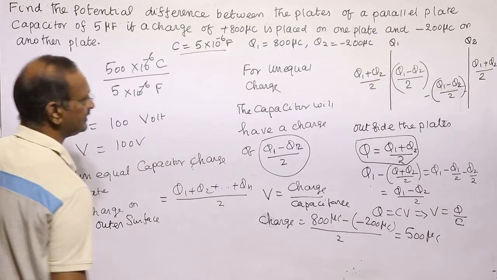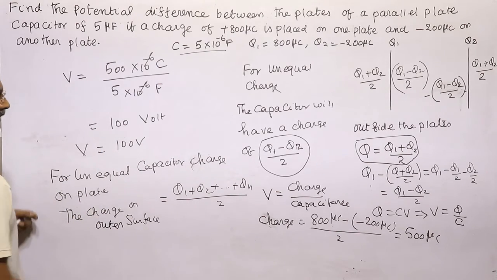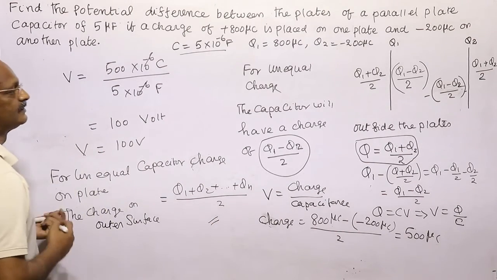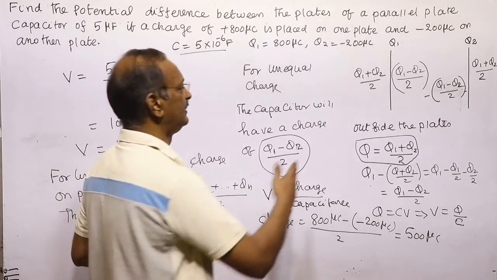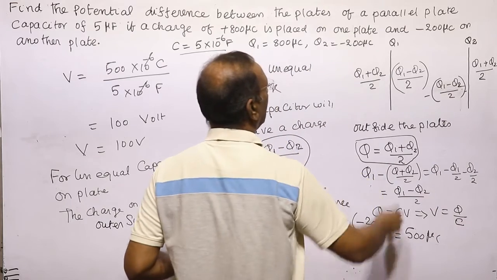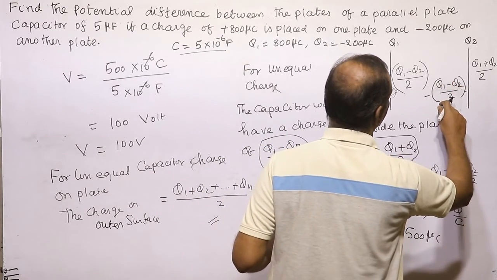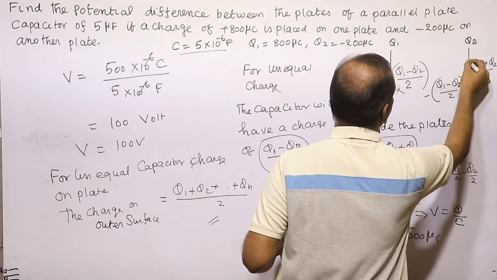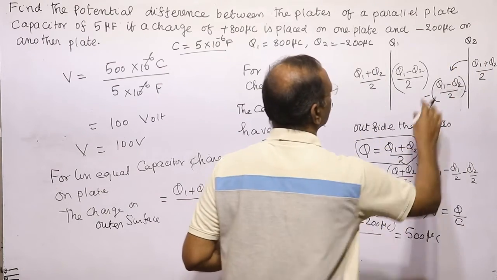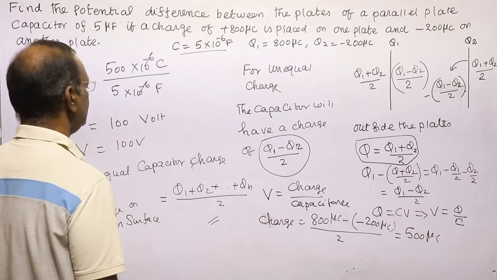This is the charge which is available on the extreme outer surfaces of the capacitor. Add these two. Here also we can find out the charge on this plate, this minus this will give the answer. You can find out easily.